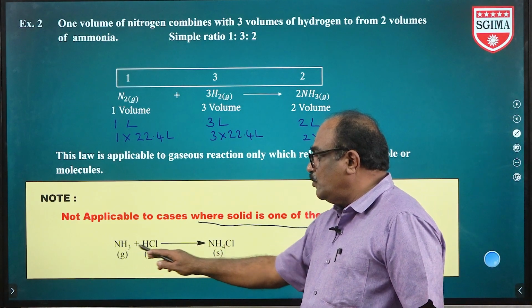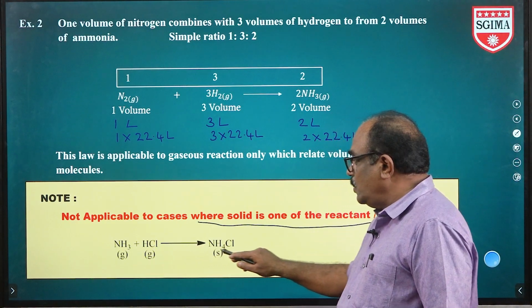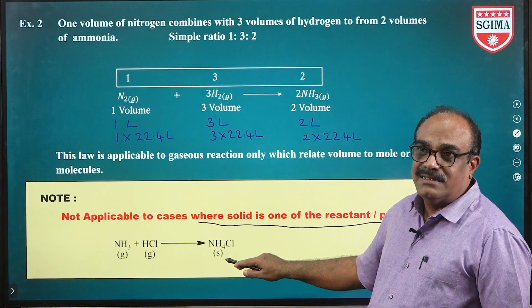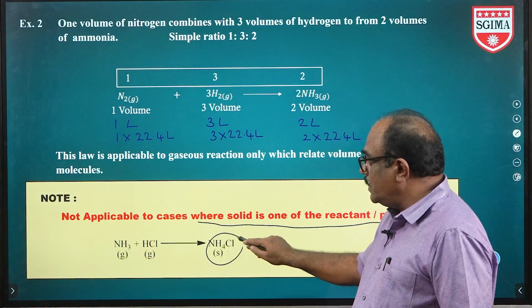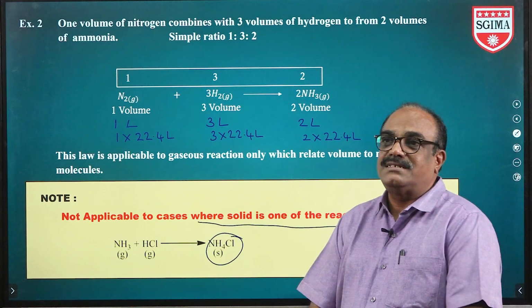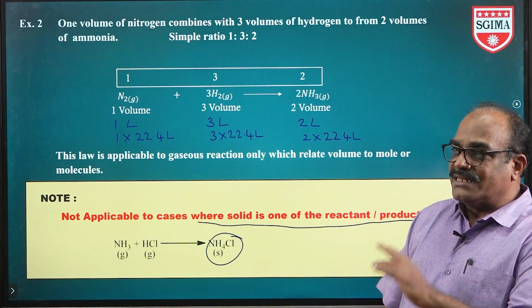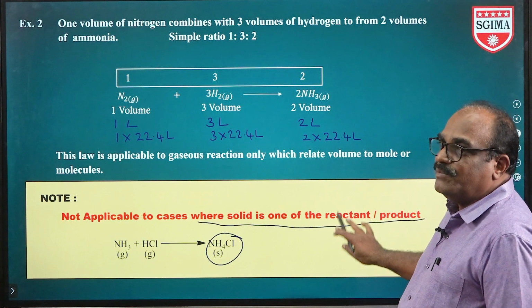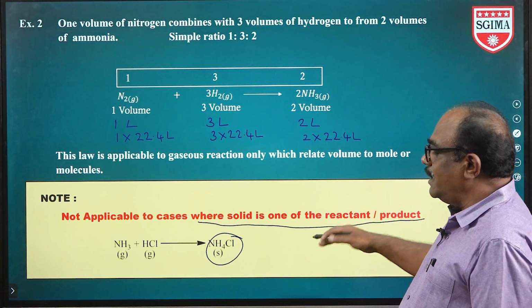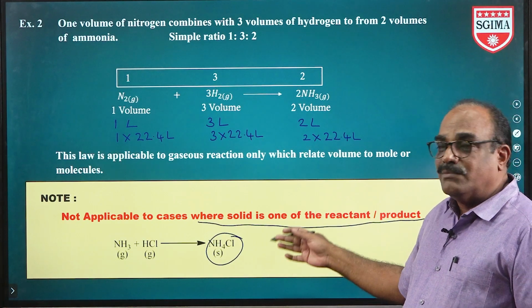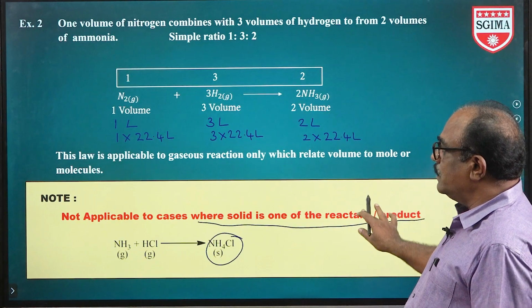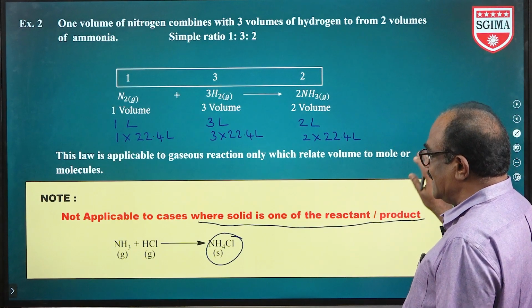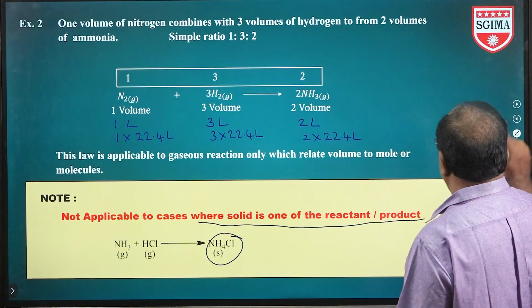For example, here ammonia combining with HCl to produce ammonium chloride solid. As this is a solid, you cannot propose Gay-Lussac's law for this. So, either the reactant is solid or the product is solid, you are not permitted to apply that, because solid volumes and liquid volumes are completely different. This law is applicable to gaseous reactants and gaseous products only.